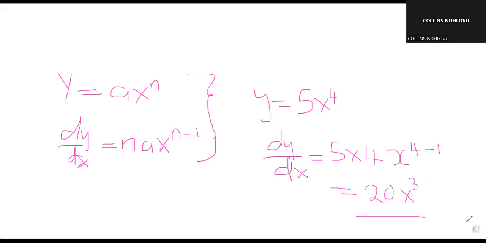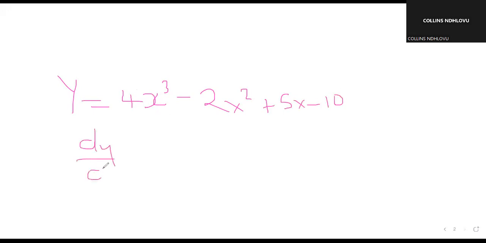All right. So in the context where we have a longer equation, which is given by 4x^3 minus 2x^2 plus 5x minus 10, this is called dy/dx. So this will be 12. Who wants to try?